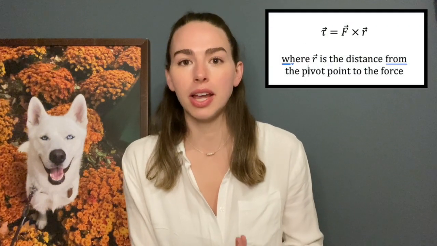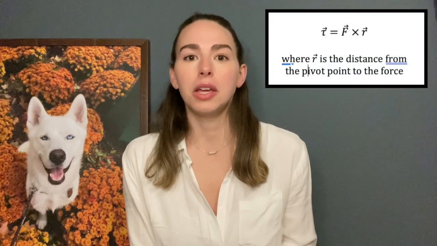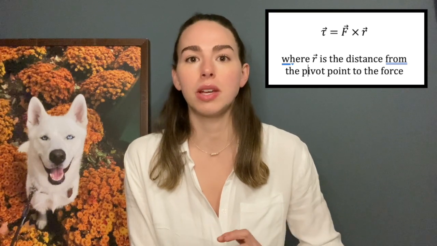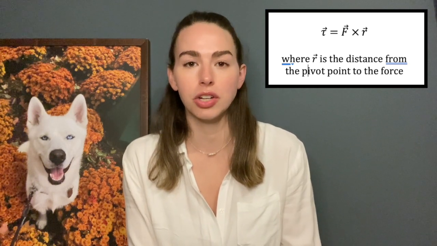And as promised in the work and energy video, we're now getting into that other form of vector multiplication, which is going to be the cross product. So if we first just look at the equation for torque, we have this lowercase Greek letter tau equals force cross r, where r is going to be the distance that the force is being applied from the axis of rotation.